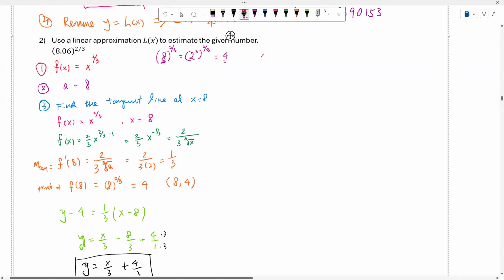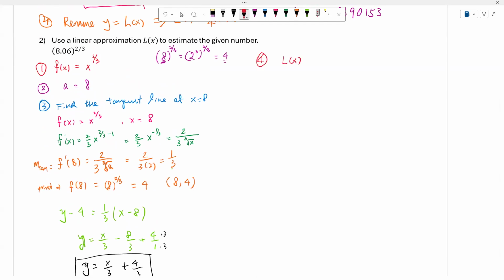Then now, step 4, I'm going to rename this to be L of x equal to x/3 plus 4/3. And then now, I would like to estimate.